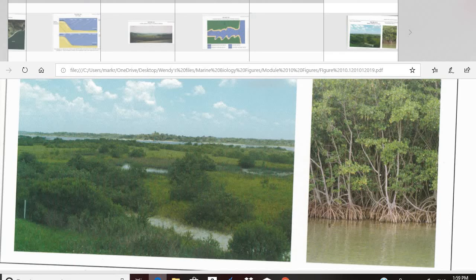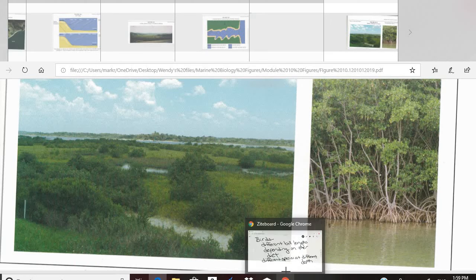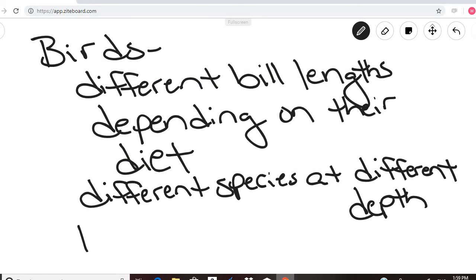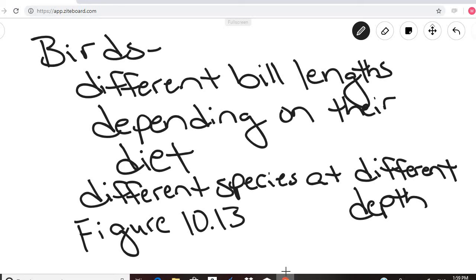Okay, so I guess I don't seem to have that picture, but you can look in your book at figure 10.13, which will show you how different birds have different lengths of beaks suitable to the organism they eat and the depth at which that organism lives.